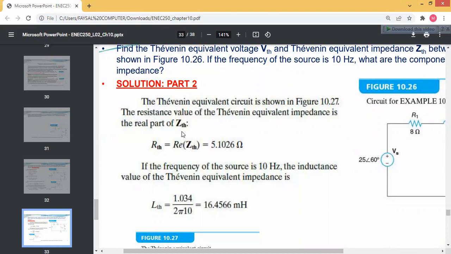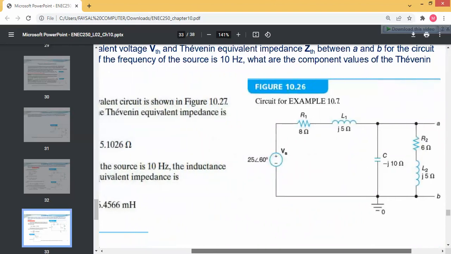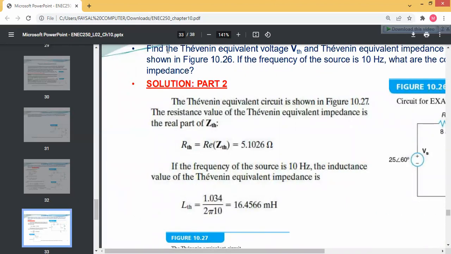This value equals 5.101026, and then I have to find the L Thevenin from the impedance, which will be equal to the value 1.034 divided by 2 pi F. Here the frequency of the source is 10, so it is 2 pi F. So my L Thevenin will be 1.034 upon 2 pi 10. That is the value of L Thevenin and R Thevenin respectively. Okay, moving towards the next one.